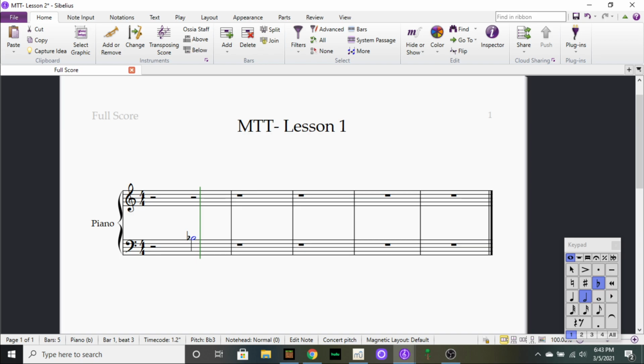So we're in the key of C. That means there are no sharps or flats over here in between the clef and the time signature. This is the time signature. So you will put this to dictate that it is a B flat as opposed to a B natural.